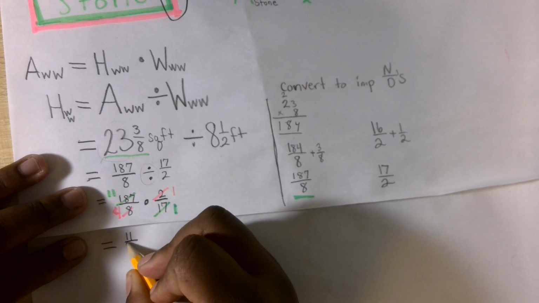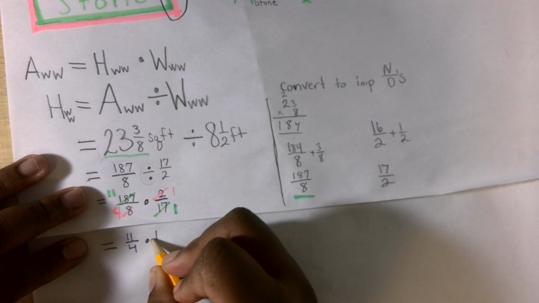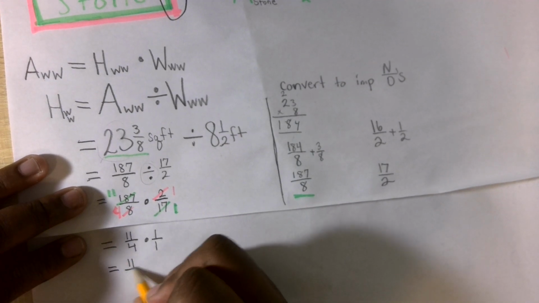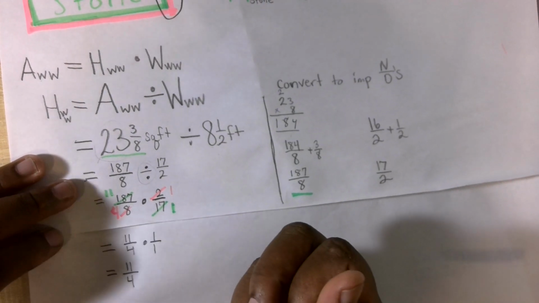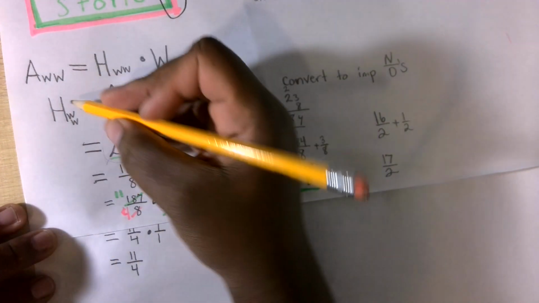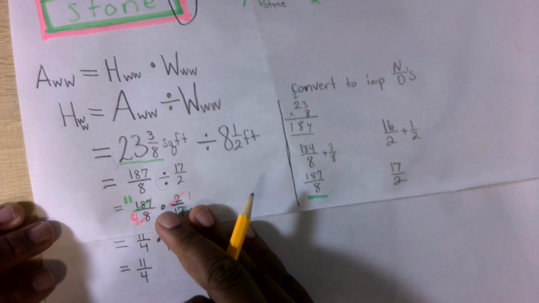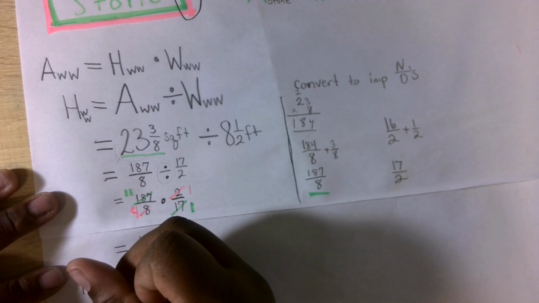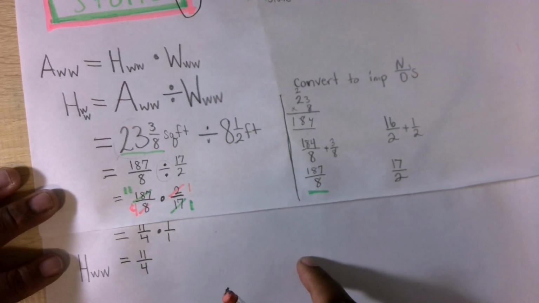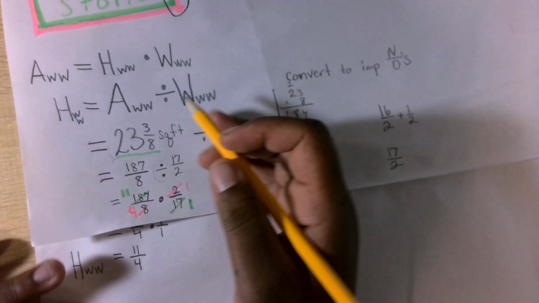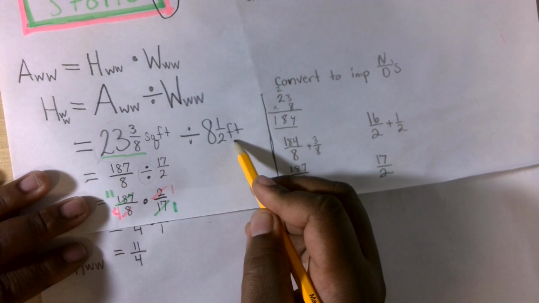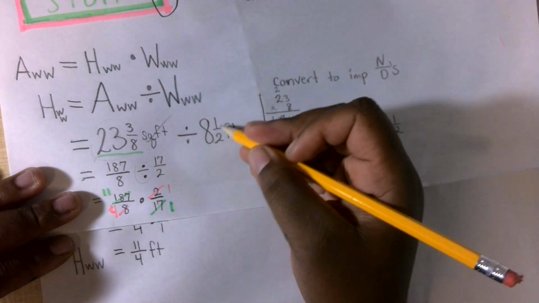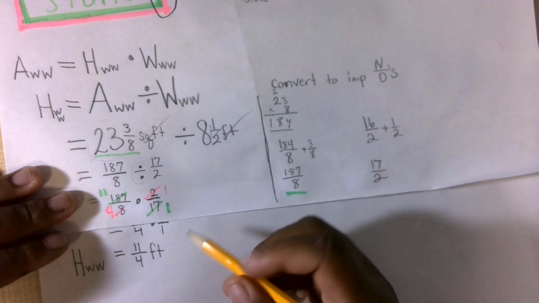So I have 11 fourths times 1 whole unit, which is 11 fourths. So the height I was solving for is the height of the whole wall. Square feet divided by feet will give me feet. My units check out, and my calculation checks out.